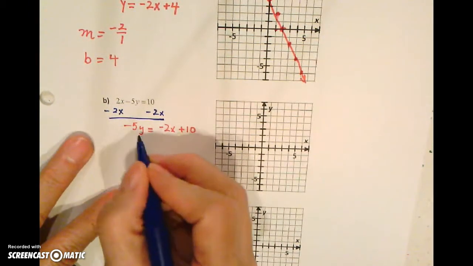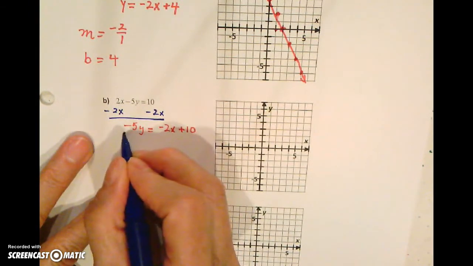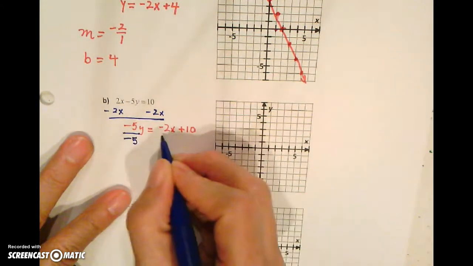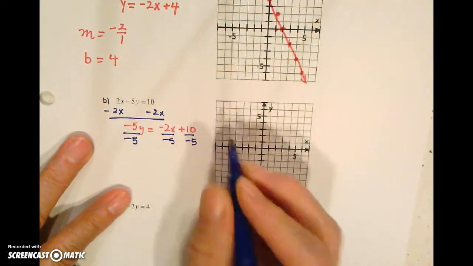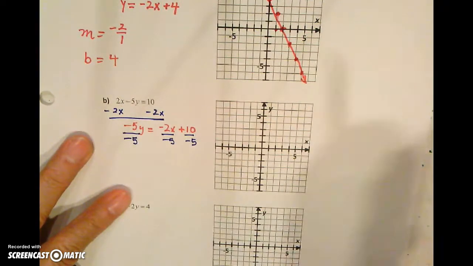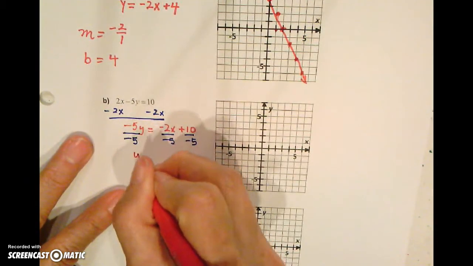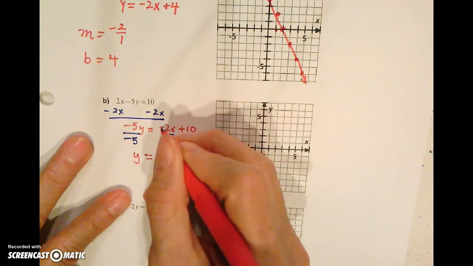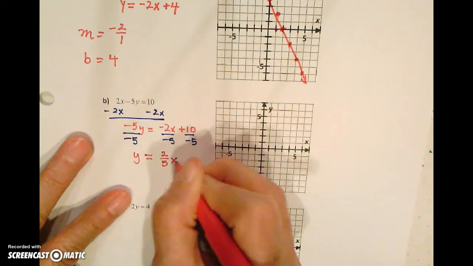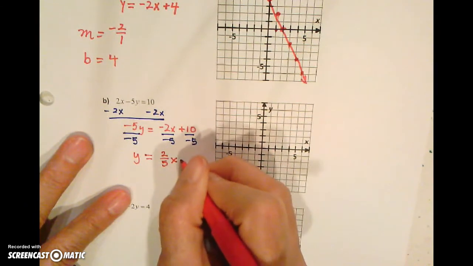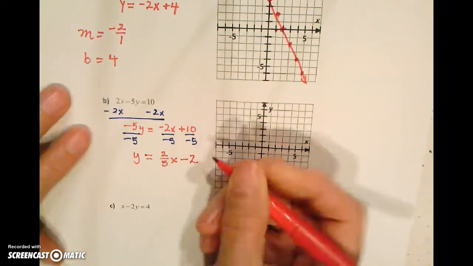All right, I want to solve it for y, so then I'm going to need to divide everything by negative 5. So I'm going to distribute it to all the terms and divide everything by negative 5. So I get then y is equal to negative, and negative gives me a positive 2/5 x, and then positive 10 divided by negative 5 gives me negative 2.